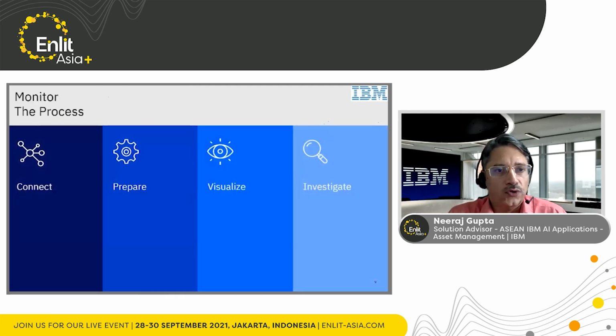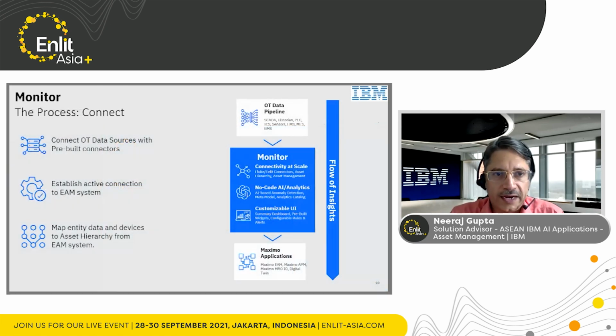So let us see how it works, right? There are 4 key processes in Monitor. First is connect, then prepare, visualize, and investigate. When we say connect, it means connecting the sensor data from different sources. We have a lot of OT systems in place like SCADA, PLC, and DCS systems, and we can ingest data from all these systems using pre-built connectors or adapters.